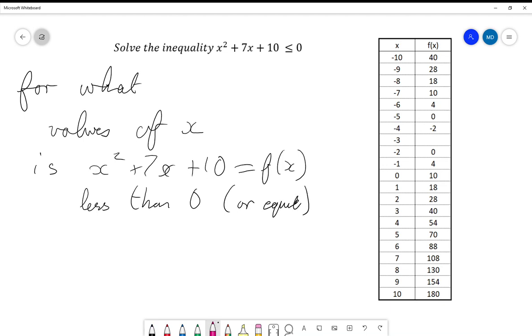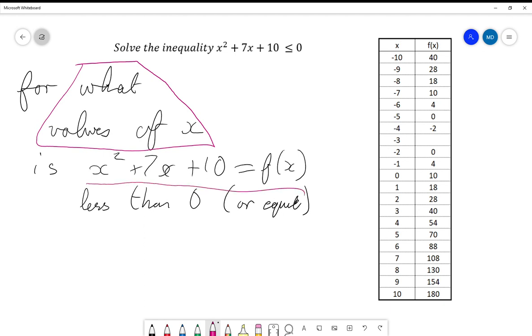But this is the key thing. The question is, what values of x? That's what we're looking for. Just like solving an equation, we're looking for the values of x, not the values of this. So what values of x make that true?